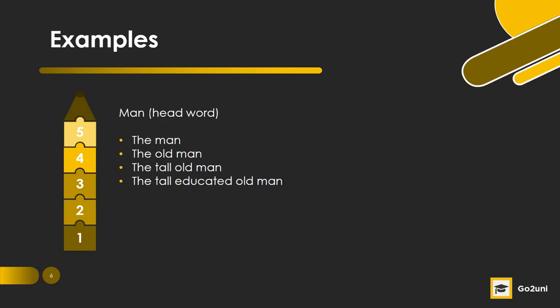You have the tall, educated old man. You have a noun, 3 adjectives, and a determiner. And finally, you have the tall, newly wedded, educated old man, where you have a noun, 4 adjectives, and a determiner.